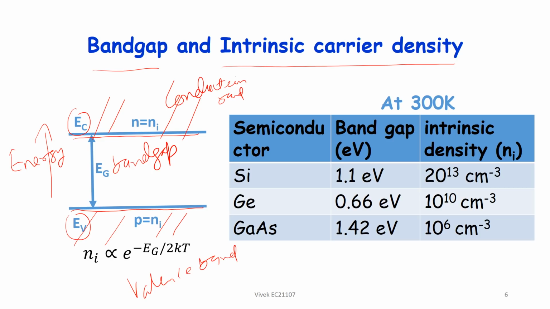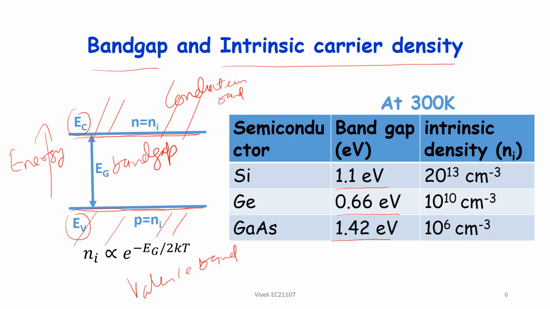Usually holes are found in energy below EV, electrons are found with energy above EC. For silicon, band gap is around 1.1 electron volt. For germanium it is 0.66 electron volt, so band gap is less for germanium. For gallium arsenide, band gap is around 1.42 electron volt.